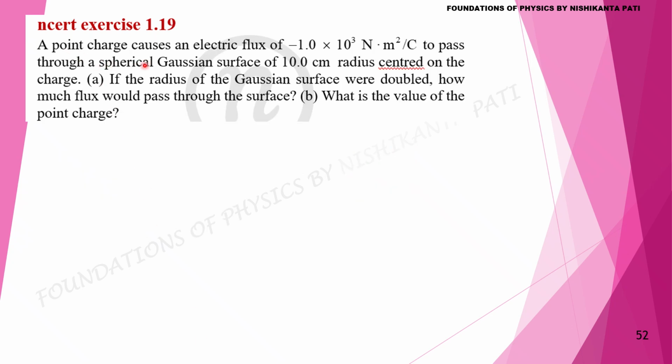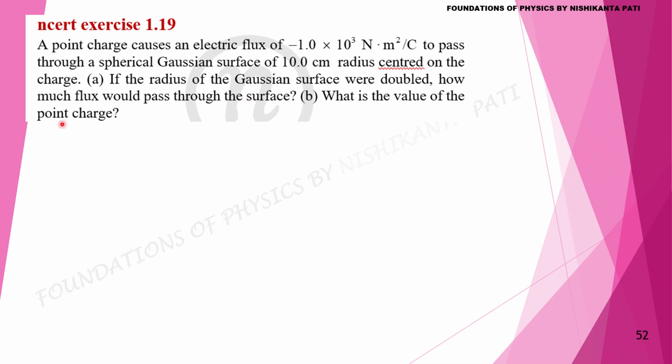A point charge causes an electric flux to pass through a spherical Gaussian surface. This is the radius and the charge is at the center of the Gaussian surface. If the radius of the Gaussian surface is doubled, the enclosed charge remains the same, so the flux remains the same.